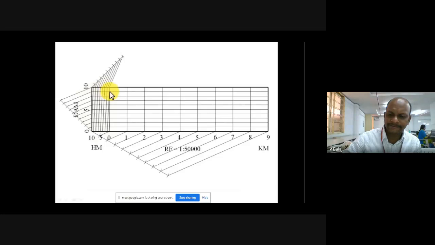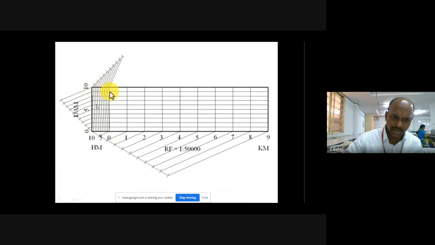Can you guess? No idea? So we have already taken kilometer as the main unit to the right hand side of the 0 mark, right? There is no confusion. Directly you can mark 7 by drawing one vertical line here.